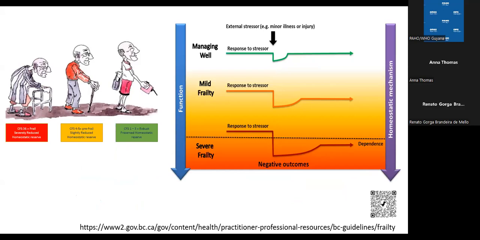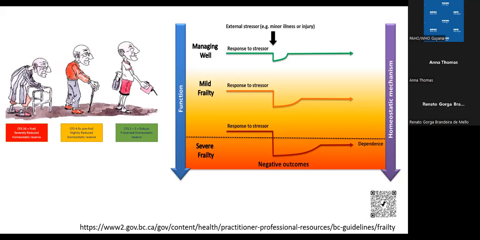And remember that we have to assess older persons beyond clinical conditions, and using comprehensive geriatric assessment or a simple tool like the clinical frailty scale, we can categorize older persons into robust, preserved homeostatic reserve group, pre-frail, slightly reduced homeostatic reserve category, and frail individuals.